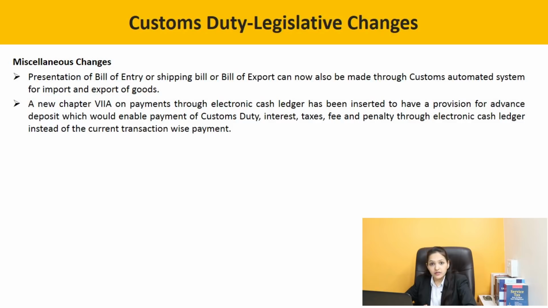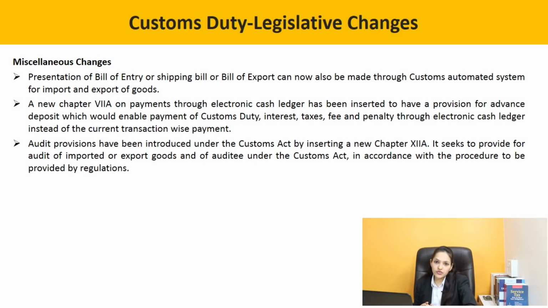A new chapter, Chapter 7A, on payments through electronic cash ledger has been inserted to have a provision for advance deposit, which would enable the payment of customs duty, interest, taxes, fee and penalty through electronic cash ledger instead of the current transaction-wise payment. This is in accordance with the payment procedure as envisaged under the GST Act.